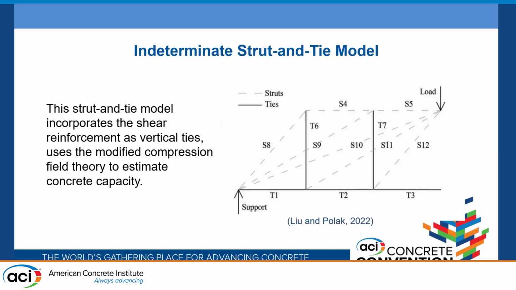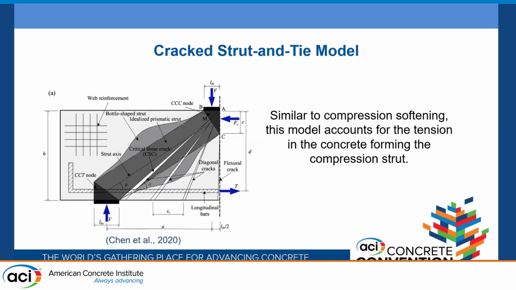So some Strut-and-Tie models to address this. We don't need to speak about this one further, but there are a few that look at including the stirrups in their response, as well as this other one by Chen et al., which also included the effect of the shear reinforcement, both vertically and horizontally, in addition to accounting for the cracked nature of the strut.